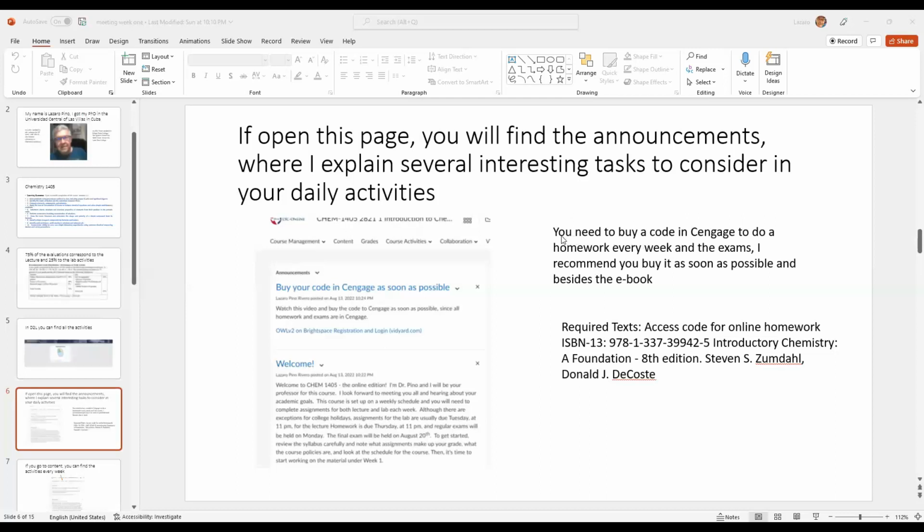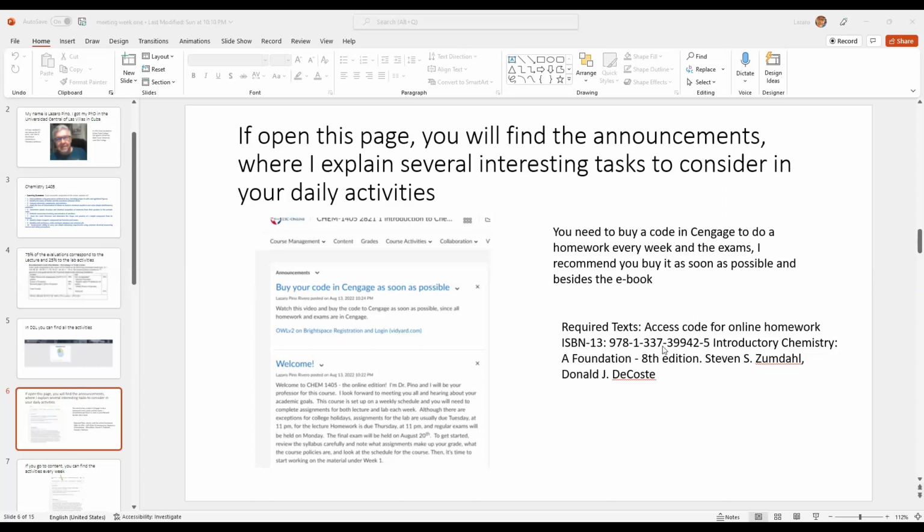At the beginning, you need to buy a code in Cengage because the homework every week and the exams are in this place. And besides that, I recommend you buy the ebook because some of the exercises are linked to this ebook and it will be easier for you and cheaper, by the way.